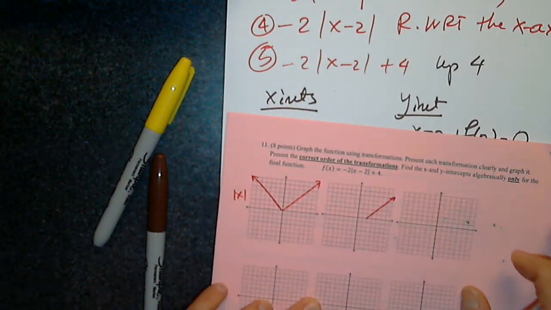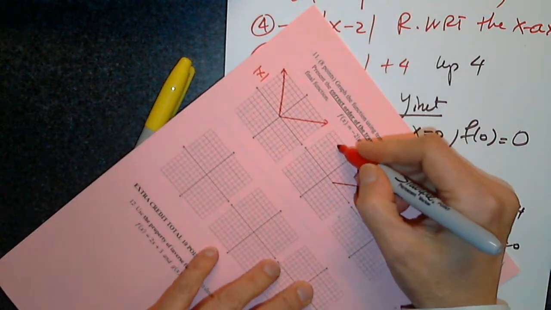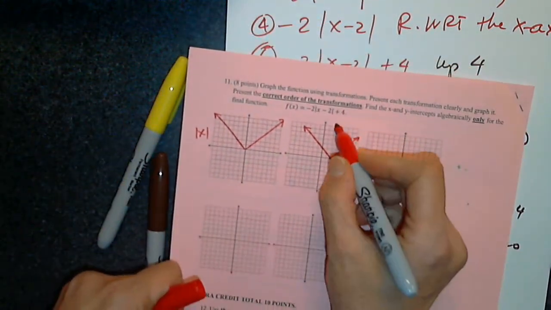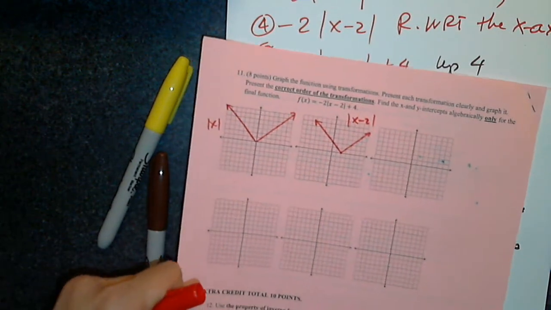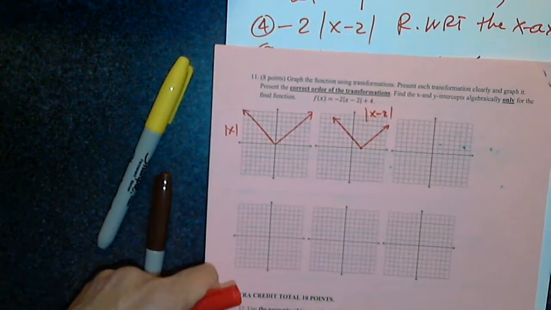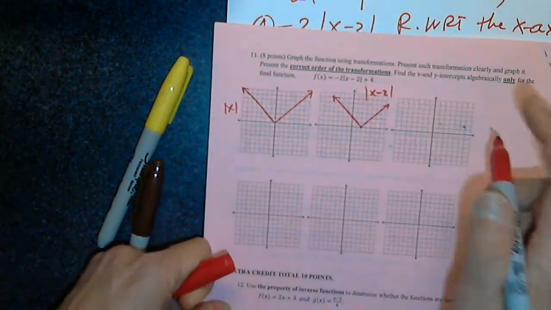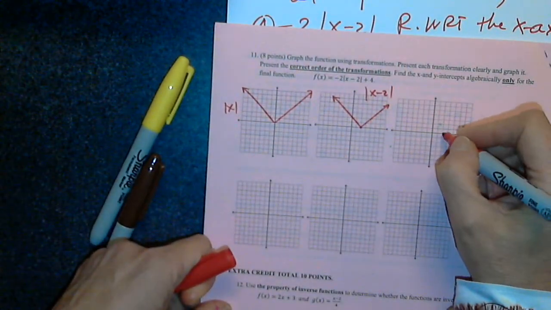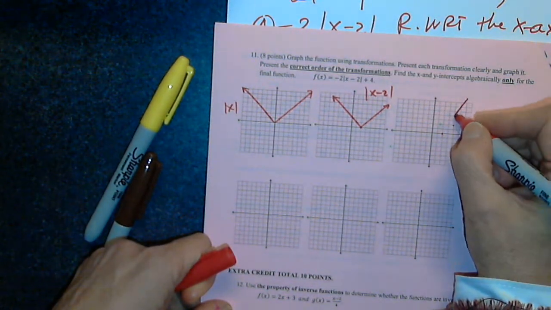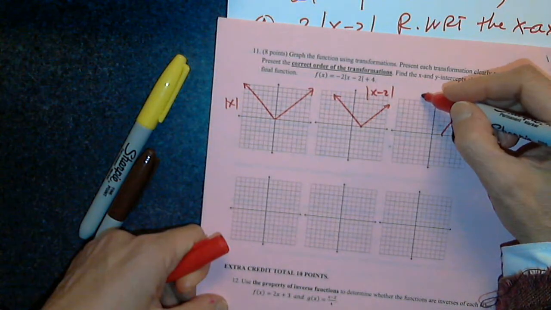I don't have to be exact. I will be exact at the very end, because I have the x and y intercepts. Then you told me to stretch it vertically by a factor of 2. I'm stretching it.